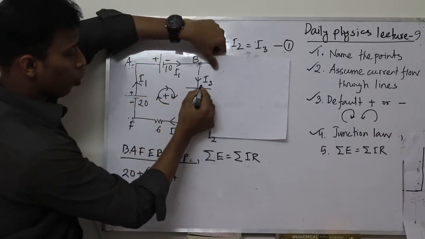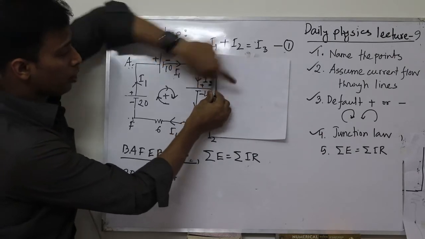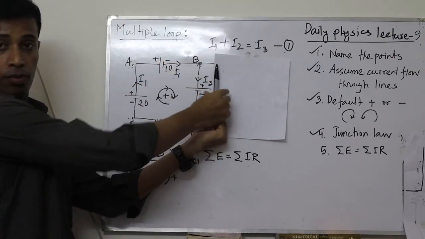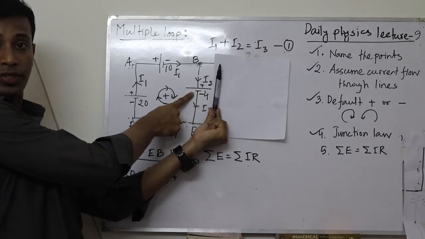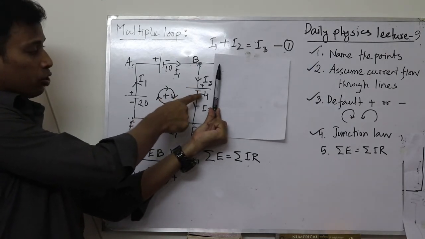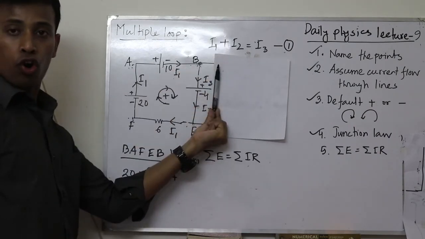Now what about this 4? For this 4 volt cell, that's the positive and that's the negative. So this side is the negative side and this side is the positive. So this is the direction of the 4 volt cell, right?